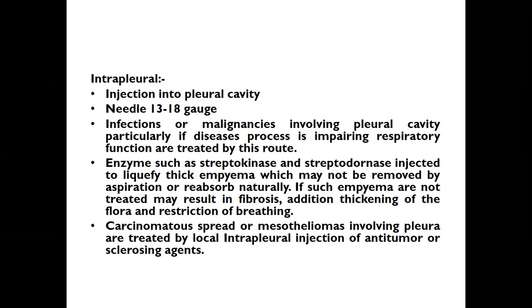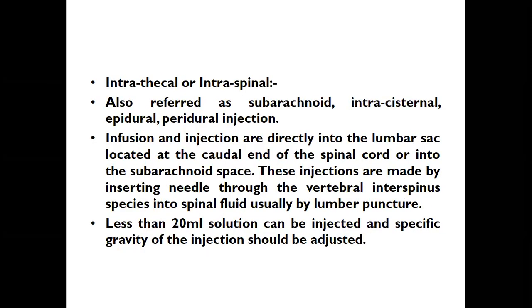If such empyema is not treated, it may result in fibrosis, thickening of the pleura and restriction of breathing. Carcinomatous spread or mesothelioma involving the pleura are treated by local intrapleural injection of anti-tumor or sclerosing agents.